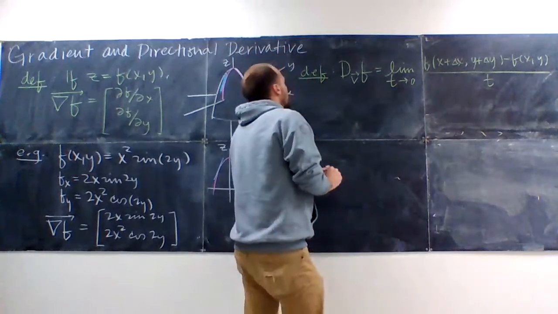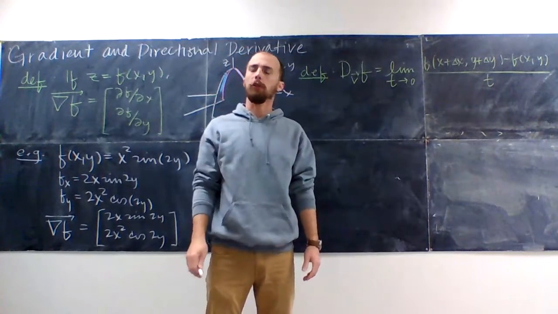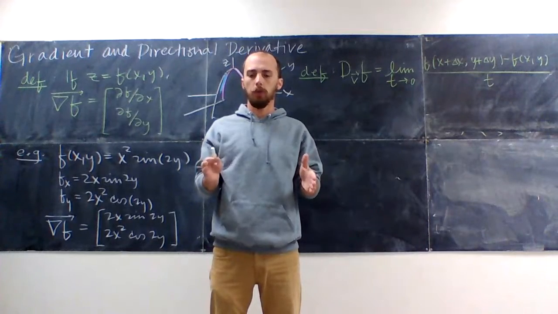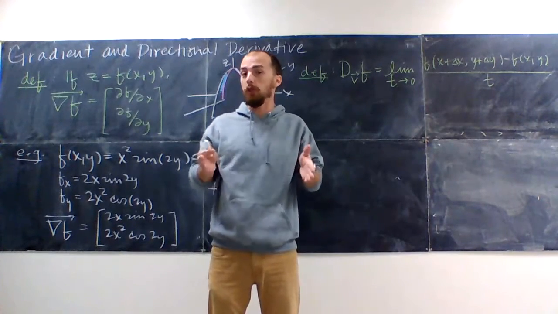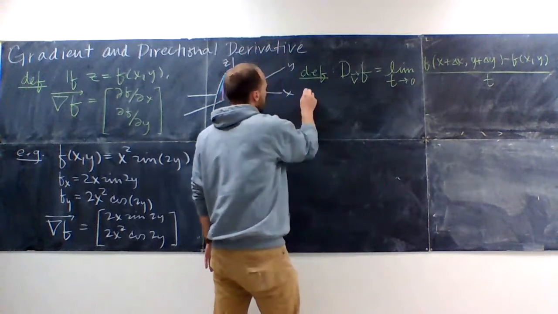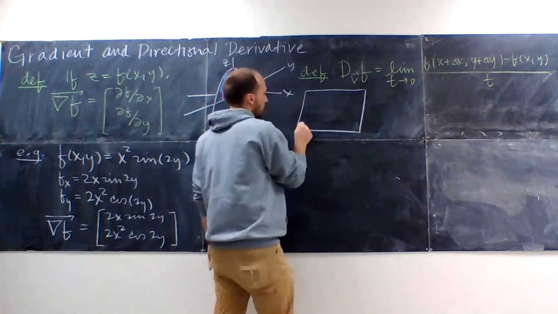So suppose we've got the domain of a 2-variable function, okay? You think about the domain of a single variable function being an interval on the real line. So the domain of a 2-variable function will be at least some region in a plane. So I'll just say suppose this is the domain of my function.